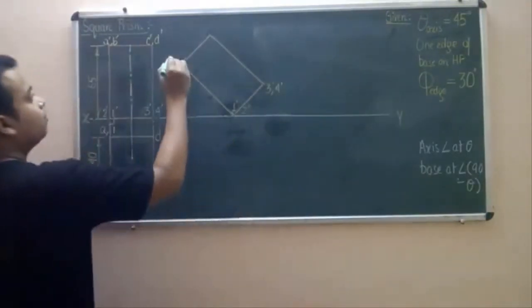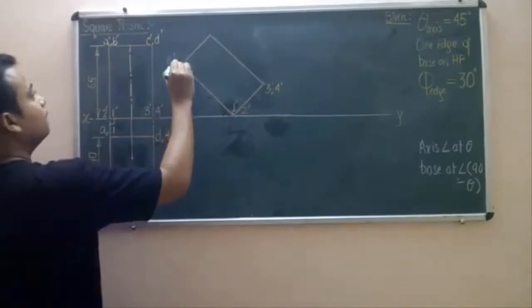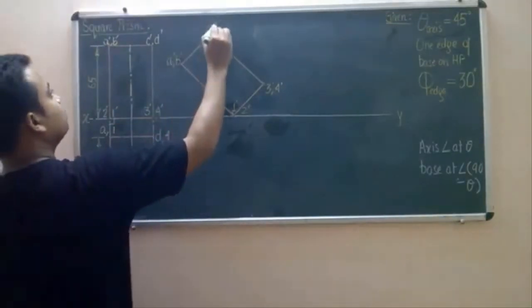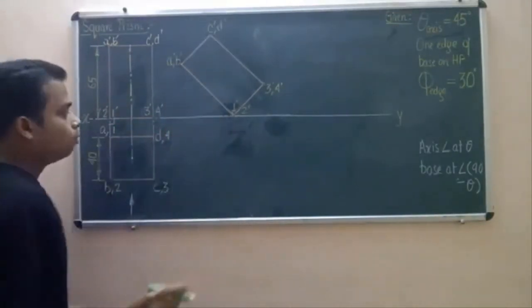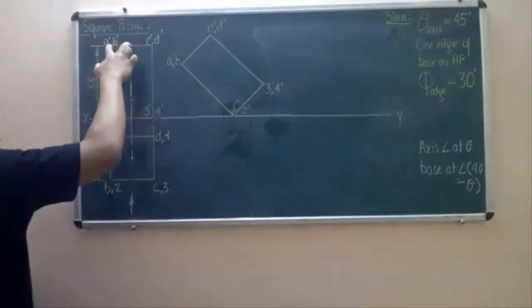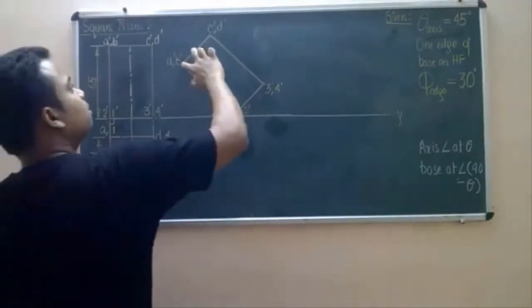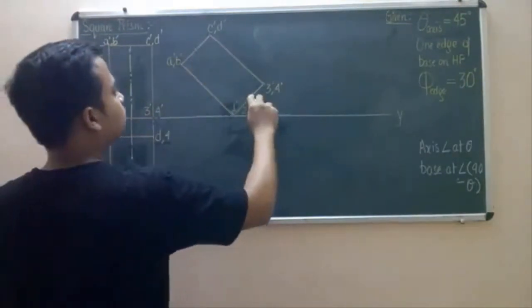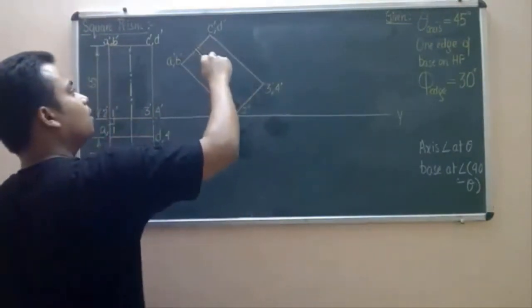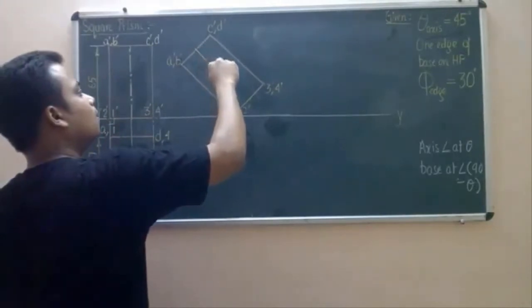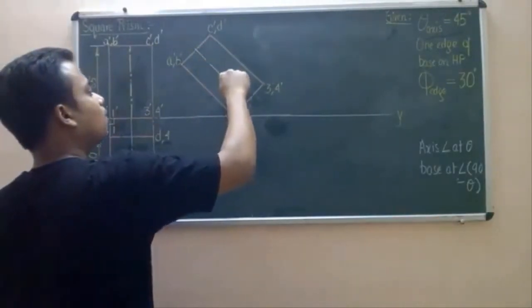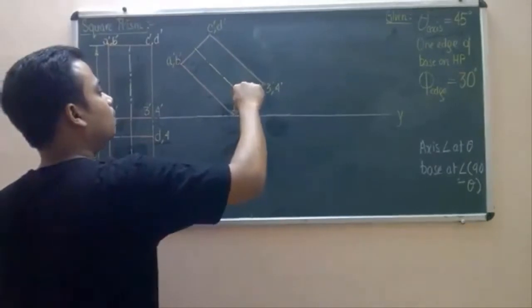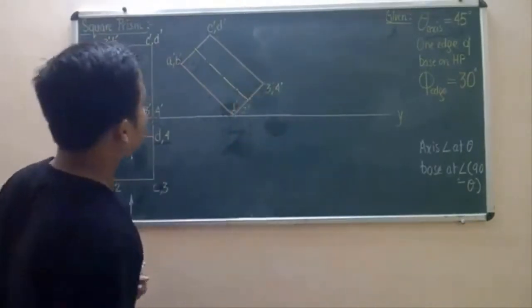Fine. Now here we have A dash, comma B dash. At the same time we have C dash, comma D dash. One more thing which can be done, you can make this axis also. It is located exactly at the center. So let us make the axis. Well, that's it. That's the axis.